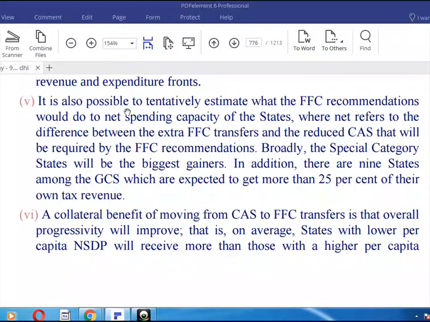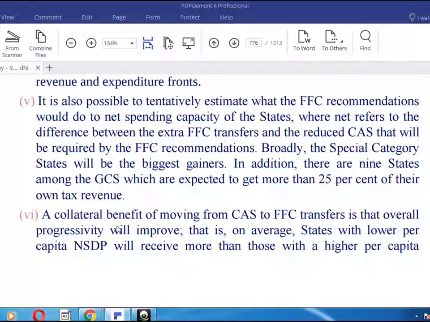It is also possible to tentatively estimate the net spending capacity of the states, where net refers to the difference between the extra effect of the 14th Finance Commission transfer and the reduced central assistance that will be required by the FFC recommendation. Broadly, the special category states will be the biggest gainers. In addition, there are 9 states among the general category states which are expected to gain more than 25% of their own tax revenue.